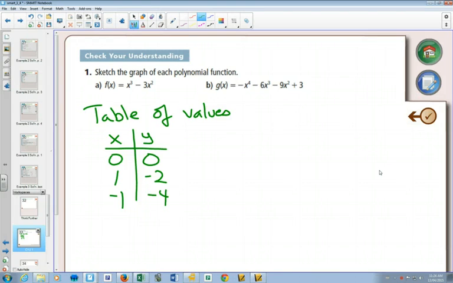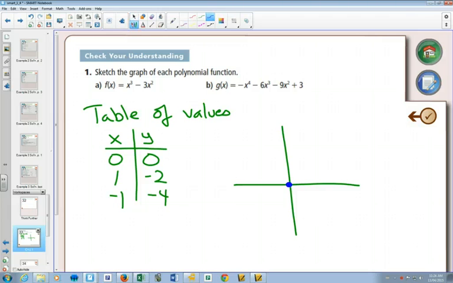Now, the problem with just using a table of values is often you need to do quite a few of them before you really get a sense of what's happening. So, for example, on this one, what have we found so far? Well, we found 0, 0.